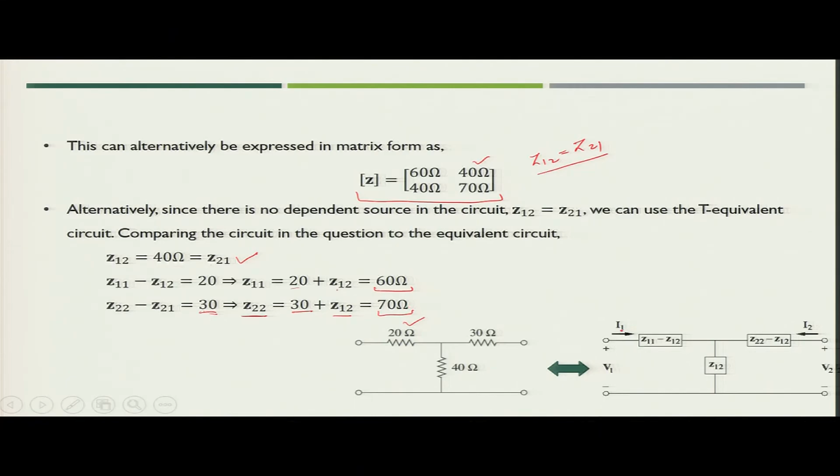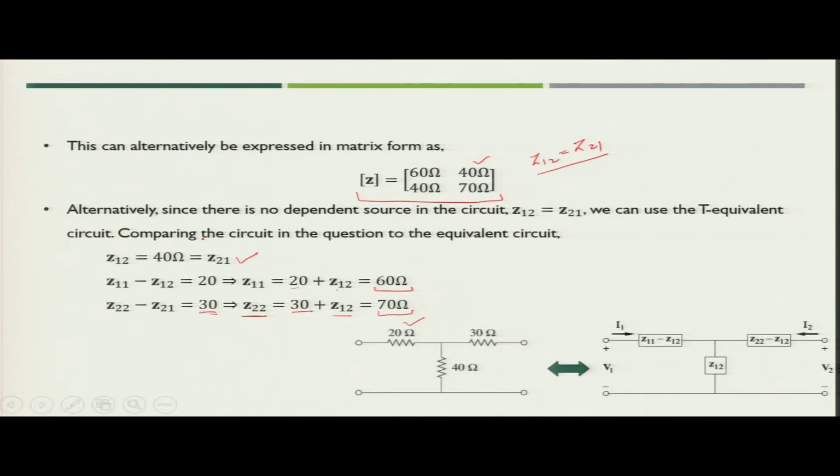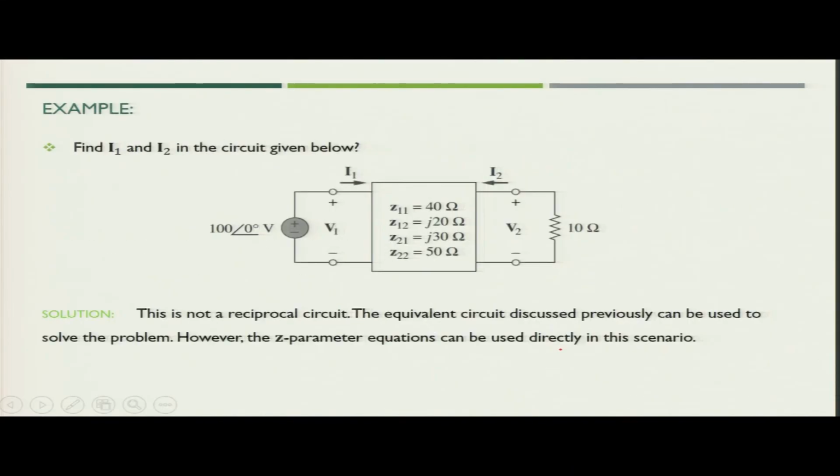So, you can use either the Z parameter equations to find these Z parameters, or, if you know that the circuit can be represented as a T equivalent, you can compare the circuit with the T equivalent circuit and straight away find out the value of the Z parameters. Now, let us take another example.